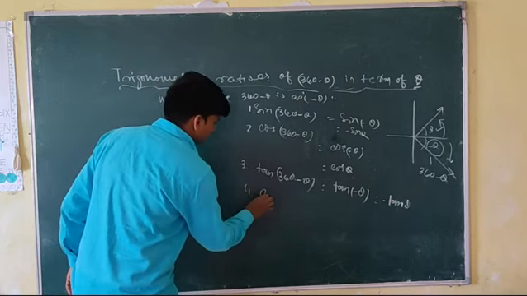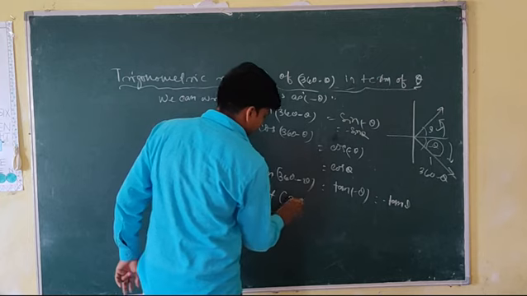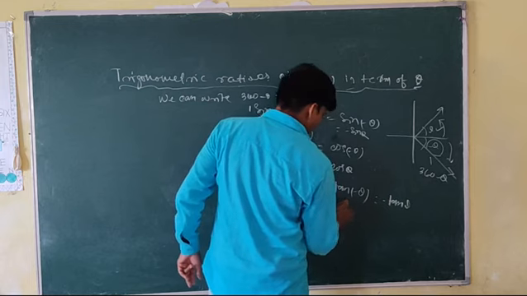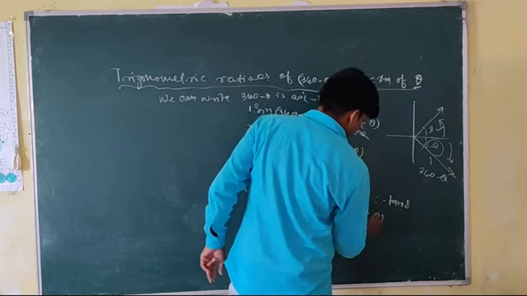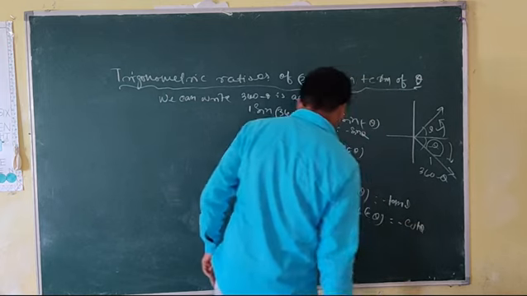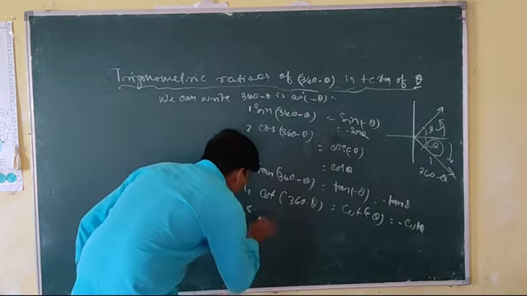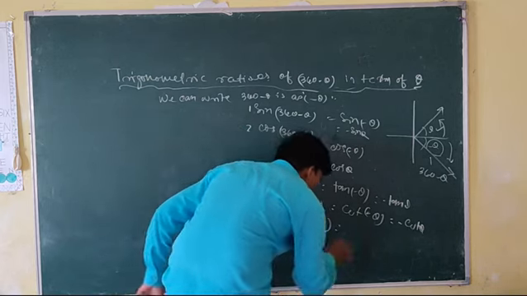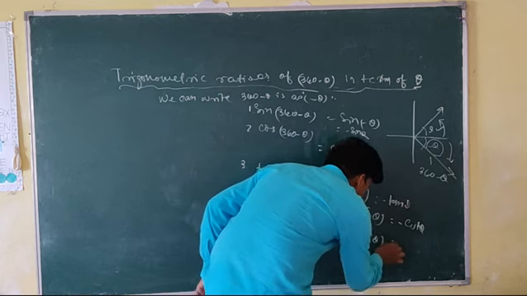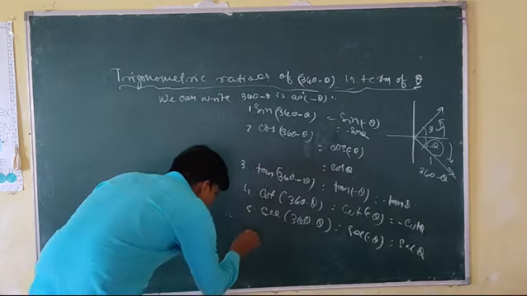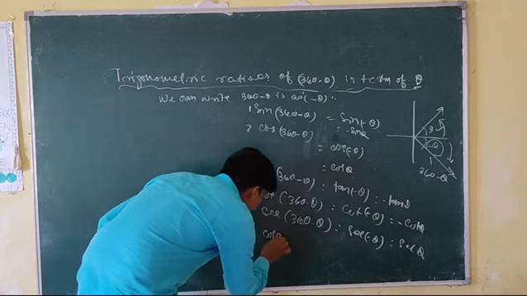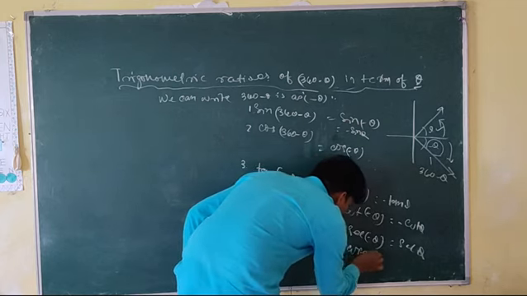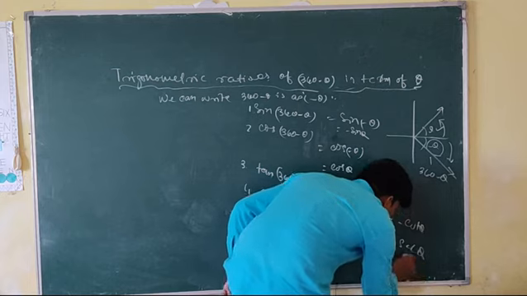Cot of 360 minus theta equals cot minus theta equals minus cot theta. Sec of 360 minus theta equals sec minus theta equals sec theta. And your last one, cosec of 360 minus theta equals cosec minus theta equals minus cosec theta.